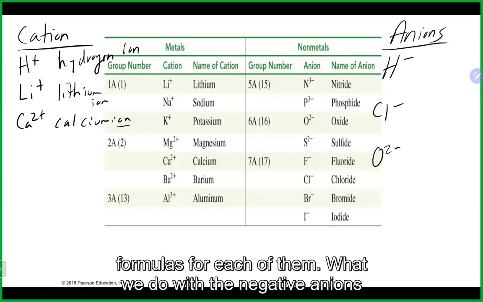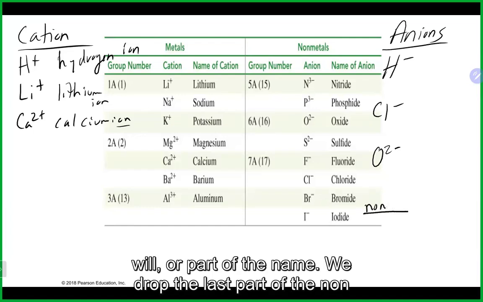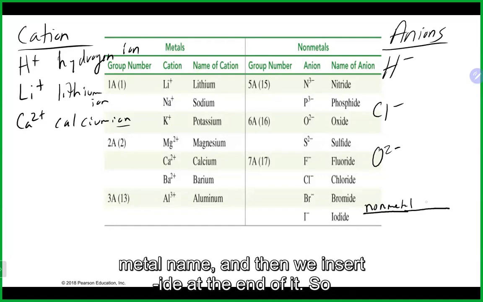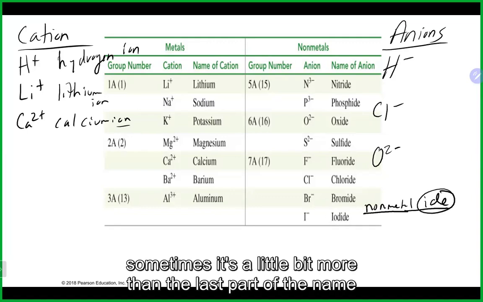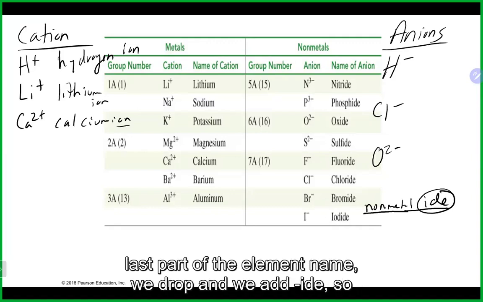What we do with the negative anions is we keep the first part of the name, if you will. We drop the last part of the non-metal name, and then we insert IDE at the end of it. So sometimes it's a little bit more than the last part of the name that is dropped, but somewhere towards the middle to last part of the element name, we drop and we add IDE.